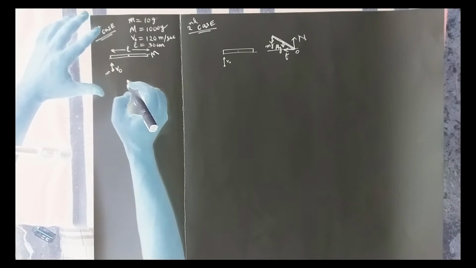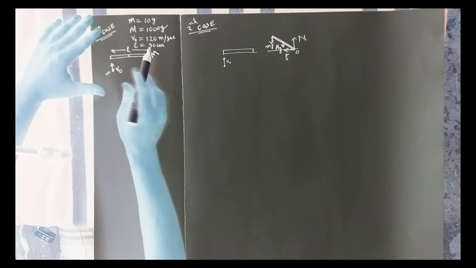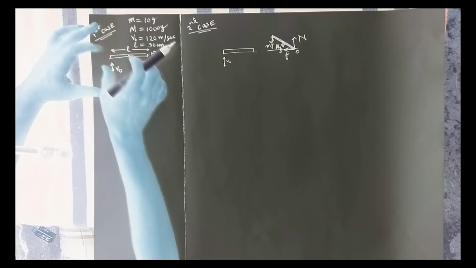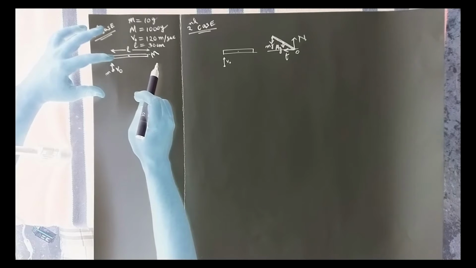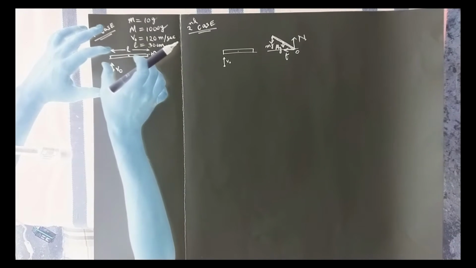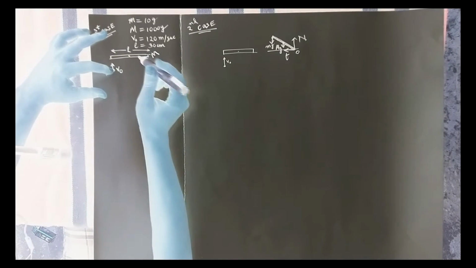Okay, in the first case, first of all I want to know the velocity of the block and bullet. As soon as the bullet goes into the block, it is going to get attached to the block. So there will be a combined velocity of the center of mass of the block plus bullet.